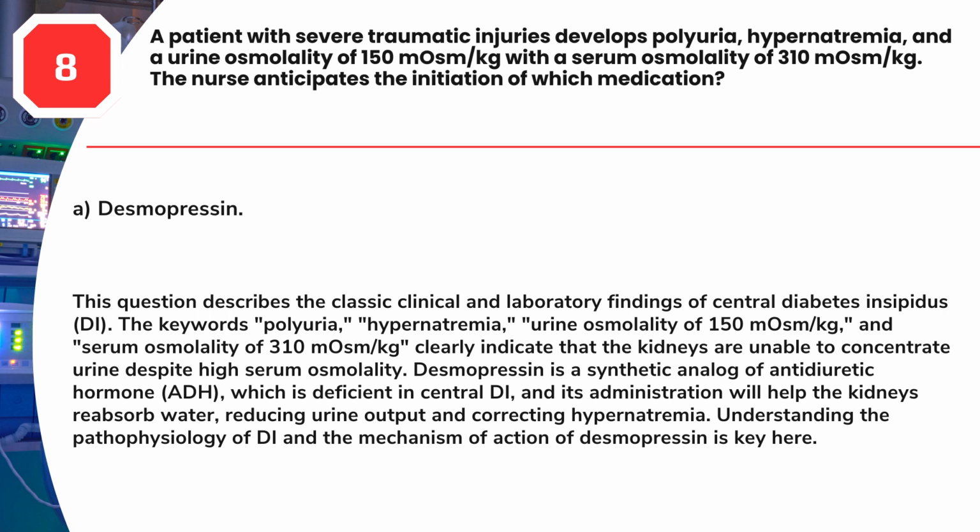Desmopressin is a synthetic analog of antidiuretic hormone, ADH, which is deficient in central DI, and its administration will help the kidneys reabsorb water, reducing urine output and correcting hypernatremia. Understanding the pathophysiology of DI and the mechanism of action of desmopressin is key here.